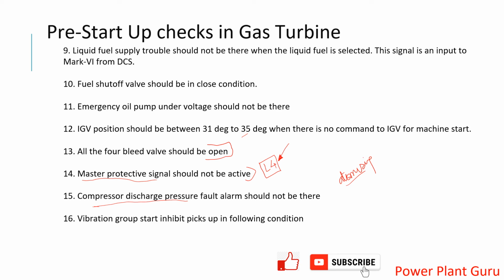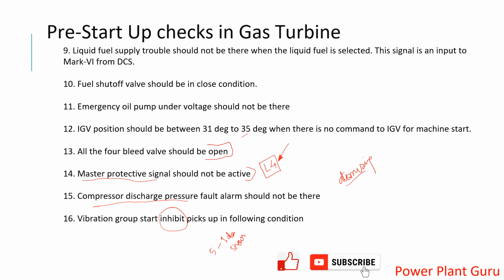The next one is vibration. There are different groups for vibration, turbine or generator and other things. There should not be any sensor which is inhibited. Inhibit means, let's say you are running your machine and you see there are 5 sensors, and out of those 5 sensors one is in alarm state or showing a lot of vibration.